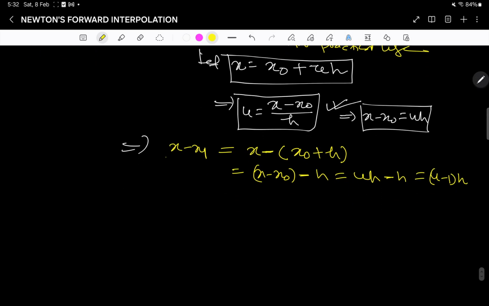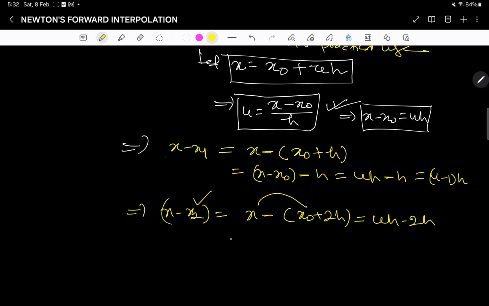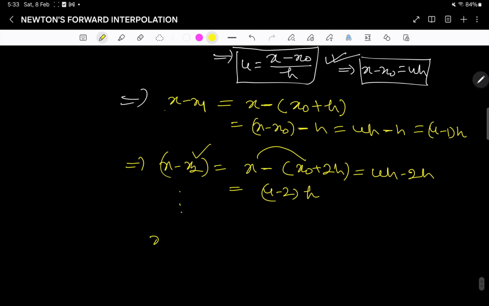Okay, then similarly I find x minus x2, where x2 is x0 plus 2h. So x minus x0 minus 2h will give me u minus 2 into h. Okay, likewise I need to continue up to x minus xn minus 1, so this will be u minus n minus 1 into h, is it not? So this is u minus n plus 1 into h.